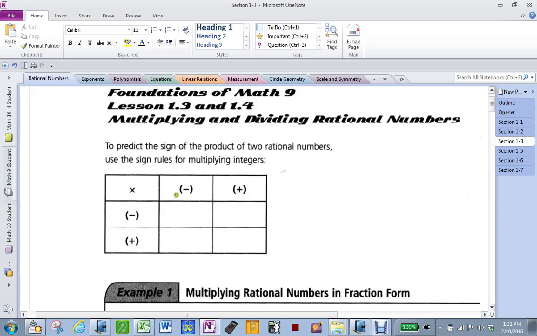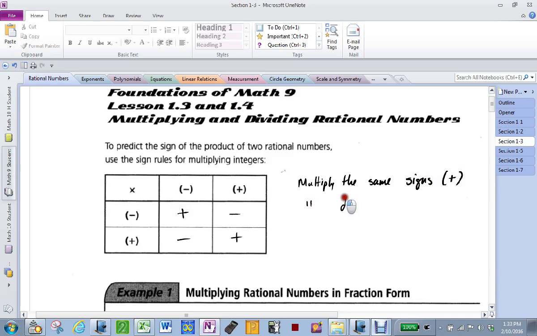When we are multiplying, a negative and a negative makes a positive, and a positive and a positive makes a positive. And the other two are negatives, okay? All of you know this. How you remember it is totally up to you. I don't care. The way I remembered it when I was your age was: multiply the same signs, the answer is positive.